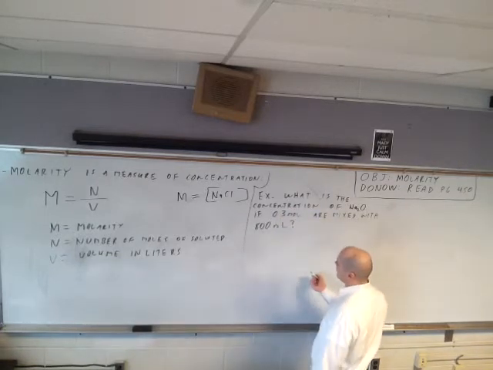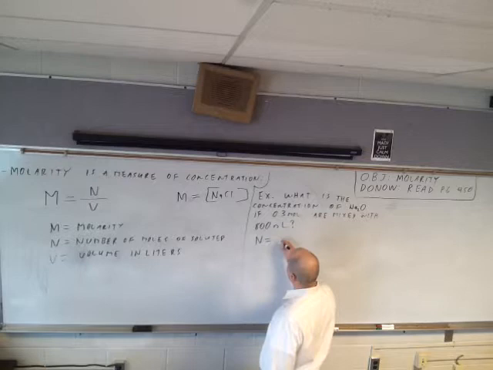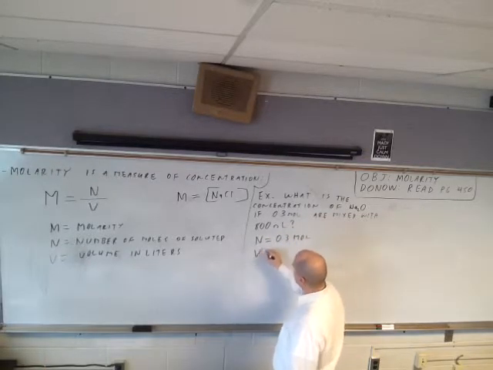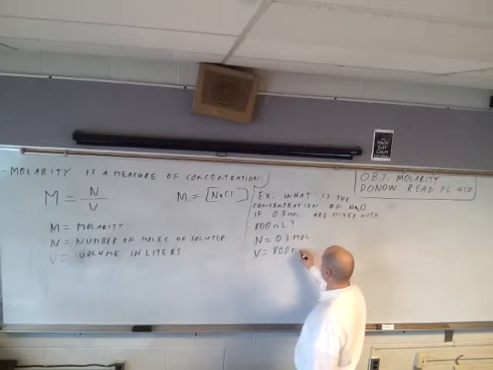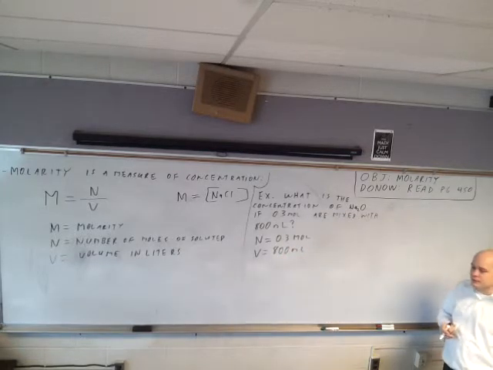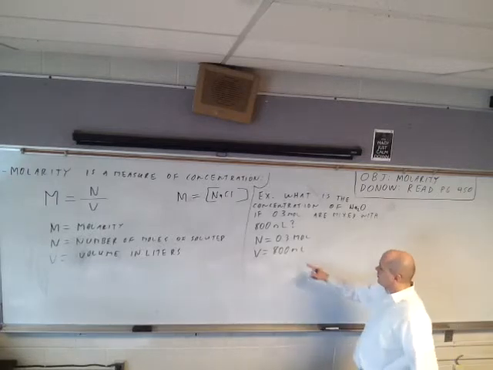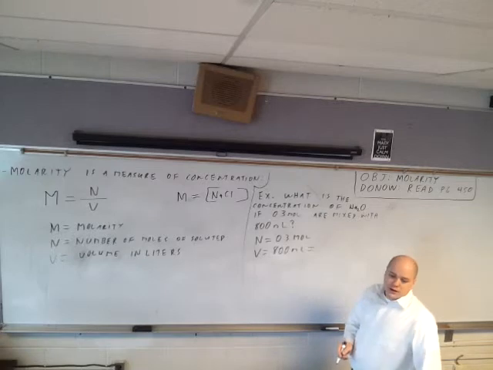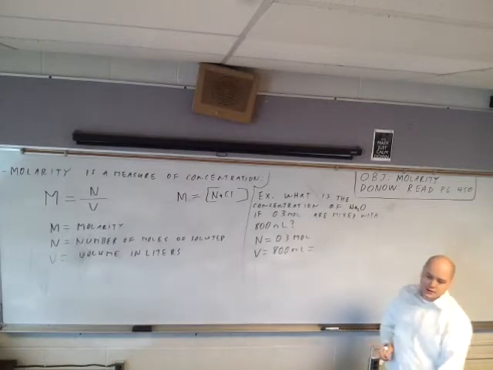All right, so let's list our givens. n is 0.3 moles. V, 800 milliliters. What do we got to do with this? Convert to liters. 800 milliliters is how many liters?